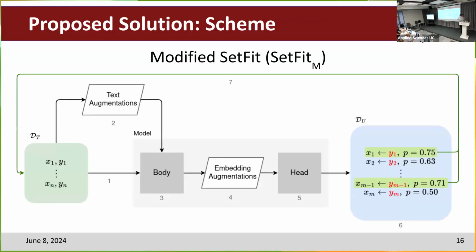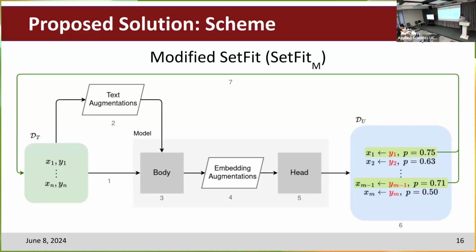So we start with the training data, which is used to train a sentence transformer model body. After that, the data set is augmented with textual augmentations and encoded with the transformer model body. Then embedding augmentations are applied over it, and these are used to train the classifier neural network head.